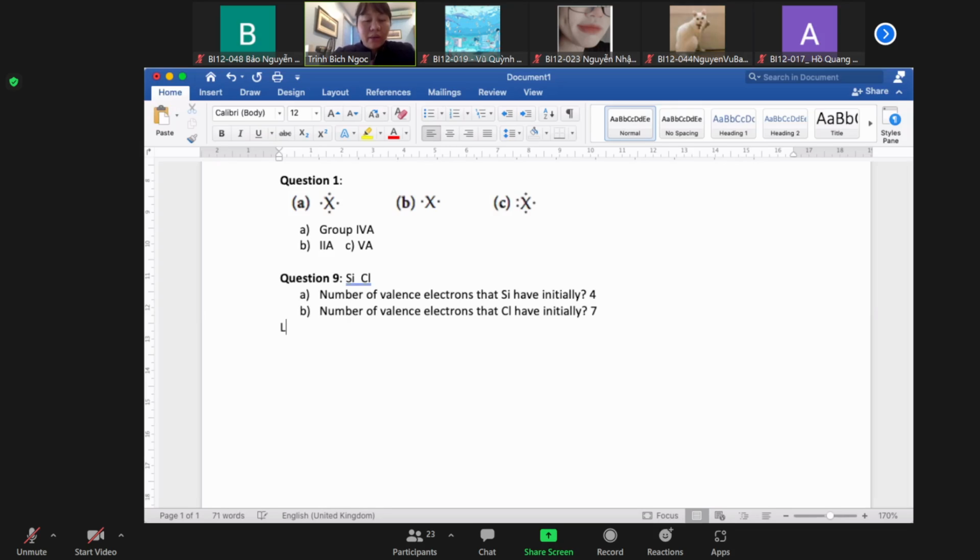How to write a Lewis structure: determine the total number of valence electrons. Here, the number of valence electrons of silicon is 4, and the number of electrons that one atom of chlorine has is 7.